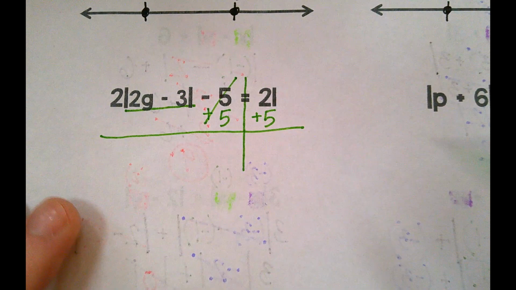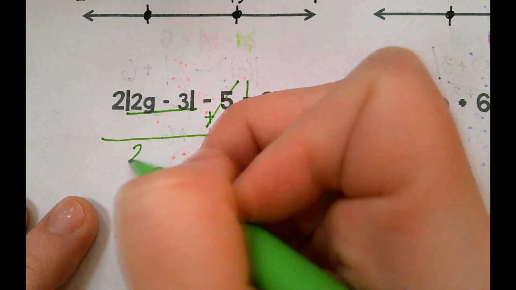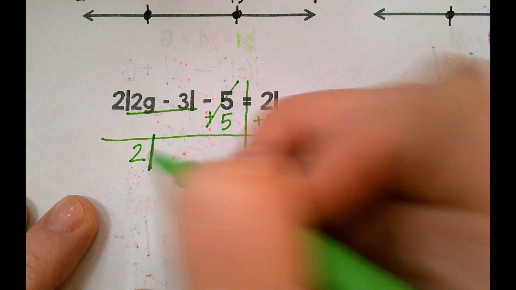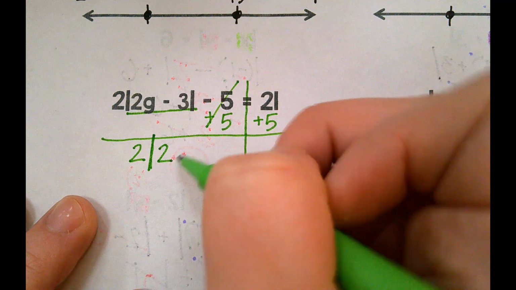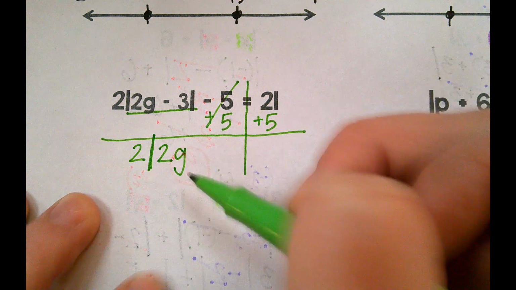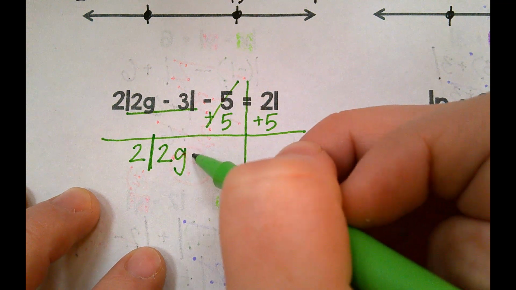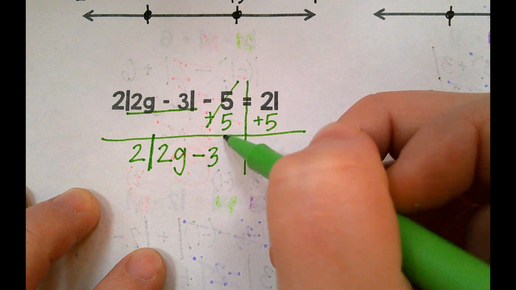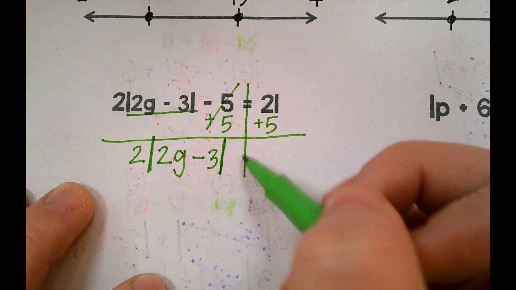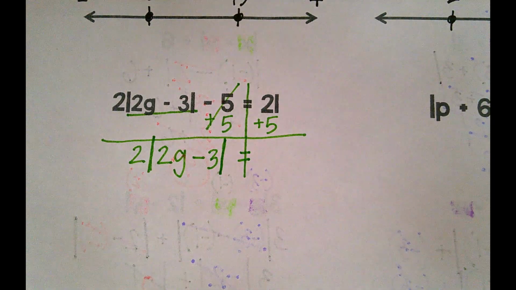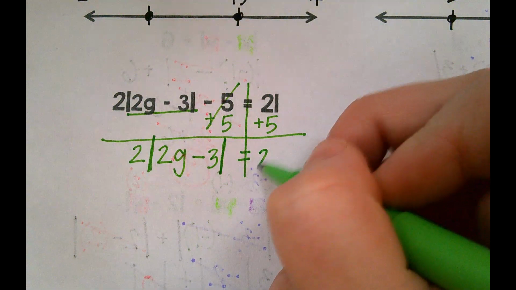Break everything down. 2 times the absolute value of 2G minus 3 equals 6. They're using G instead of X, but that's okay.